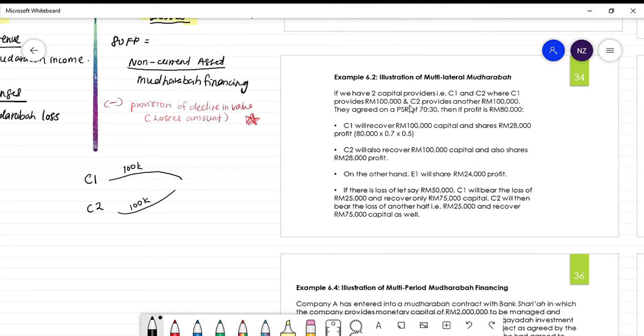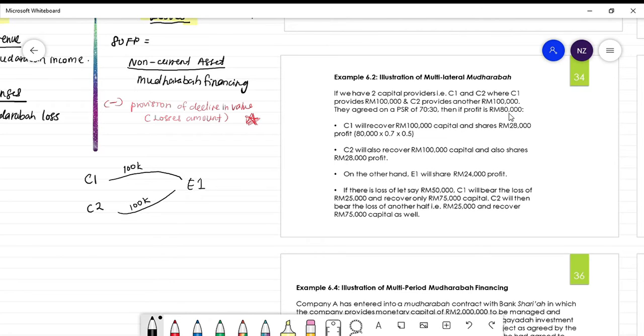Dia cakap they agreed on a pre-agreed ratio of 70-30, then if profit is 80,000. Okay. Sini adalah E1 lah. Macam saya cakap, dia hanya ada satu mudharib, several capital provider. So dia punya flows akan jadi macam ni.